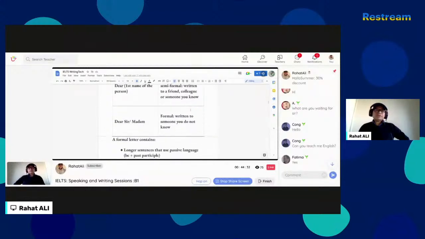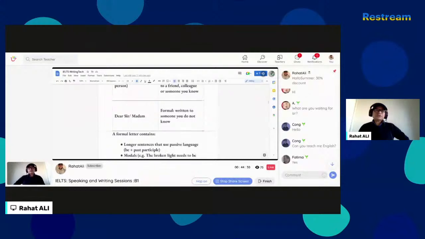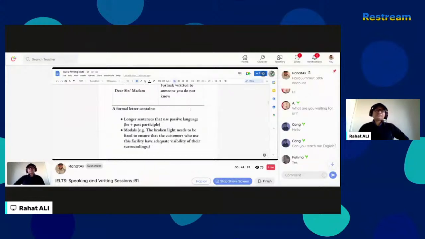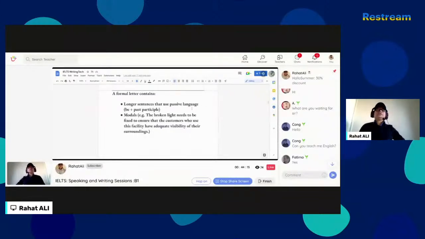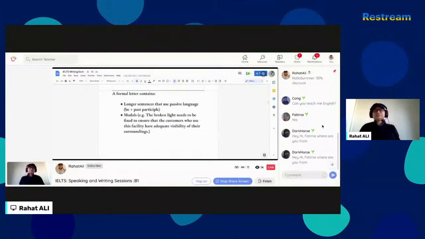Okay, that is formal, written to someone you do not know. A formal letter contains longer sentences that use passive language like be plus past participle and modal verbs. I'm sure you understand modal verbs.